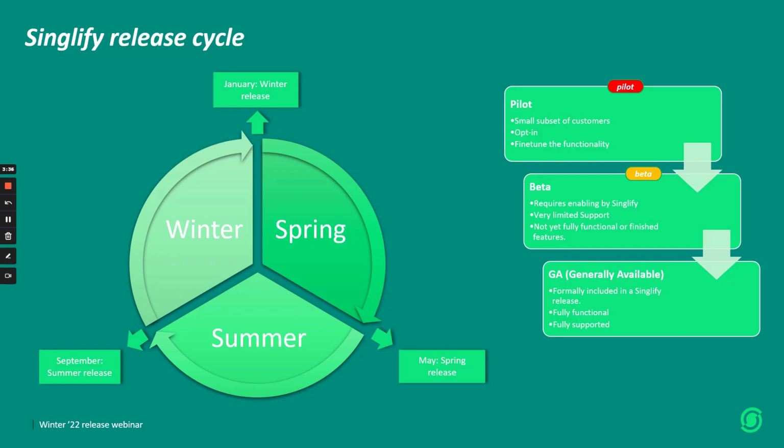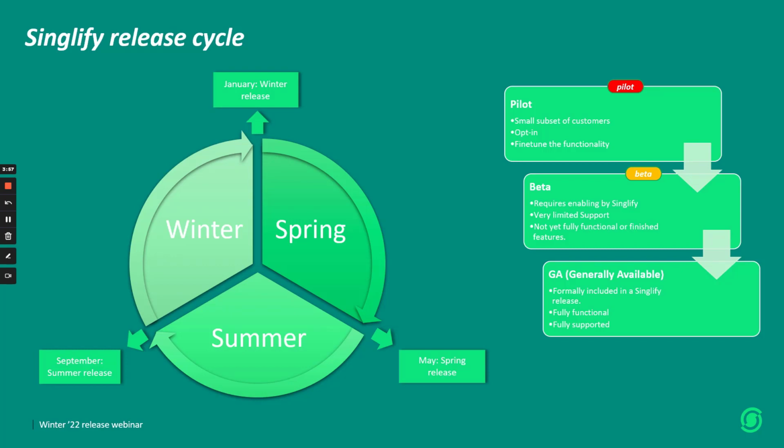The next stage is beta. Also beta is not available by default to all the customers. It requires enabling by Singlify. And also in beta, we provide limited support. The functionality will either be not fully functional or not fully finished yet.